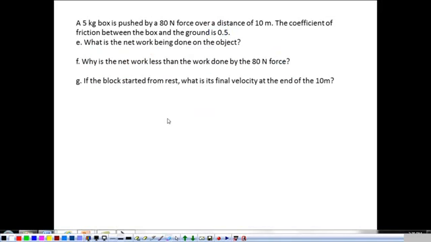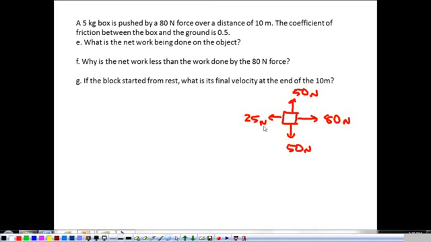The next part of this question, same question, still asks what's the net work being done on the object. So just to give us a little bit more room, looking back at our free body diagram, we had 80 newtons this way, 50 newtons this way, 50 newtons down from gravity, and friction was pulling back at 25 newtons.